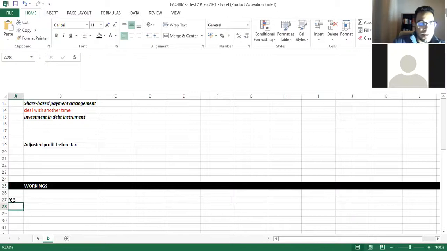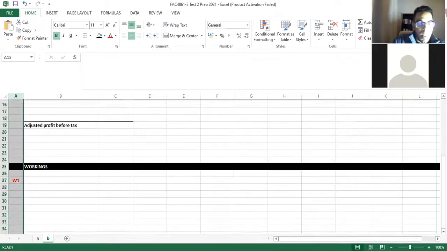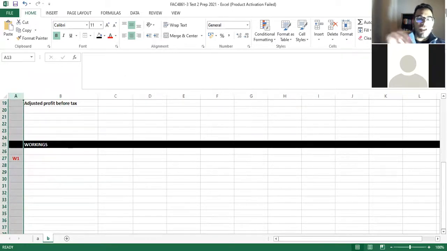Working 1. So I'm dealing with the 2 separately from the 1. There are different ways of doing it. You can do it with the 3 or the 2, whatever. I'm doing it with the 2.